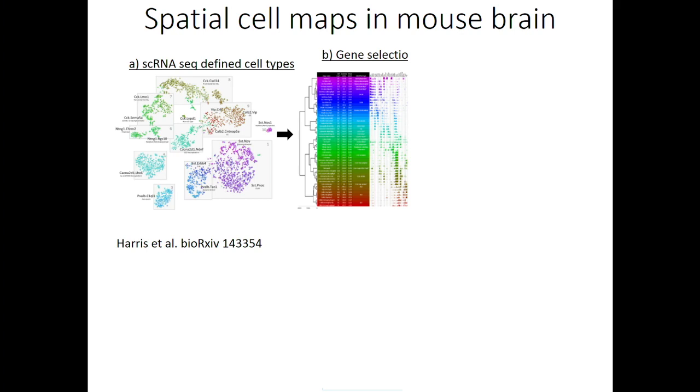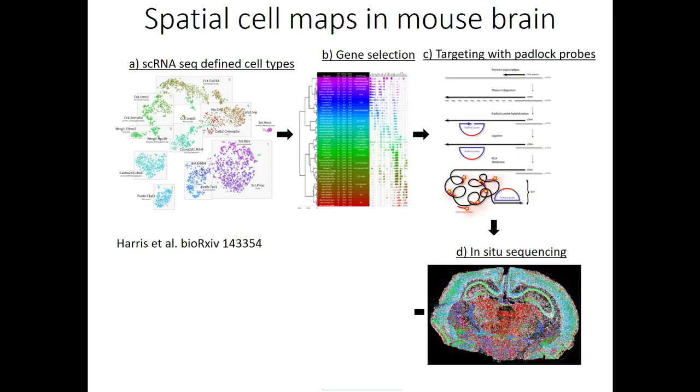Right, so these are cells that are derived from CA1 in mouse hippocampus, and they form these kind of clusters. We then take that data and pick genes that will collectively be able to define these different cell types. So we select marker genes, and then we do massively parallel in situ expression profiling of the marker genes in mouse brain sections.